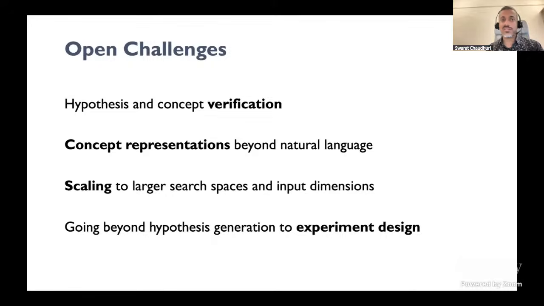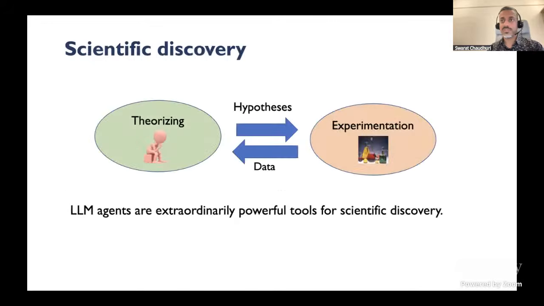Open challenges: verification of hypotheses and concepts, concept representations that go beyond natural language, scaling to larger search spaces and input dimensions, and then even going beyond hypothesis generation to other parts of the scientific discovery process.